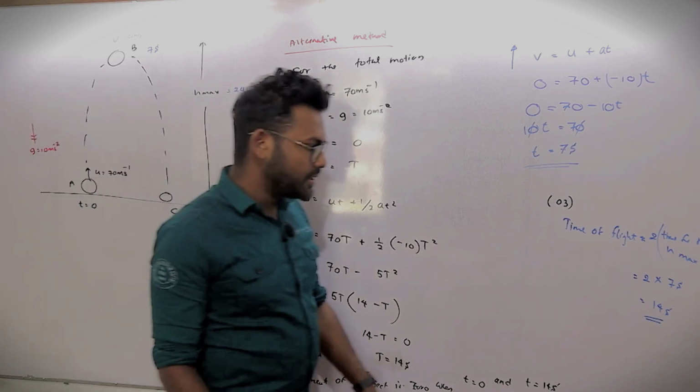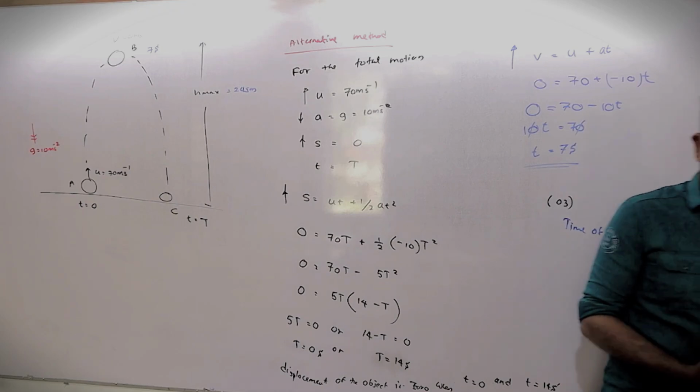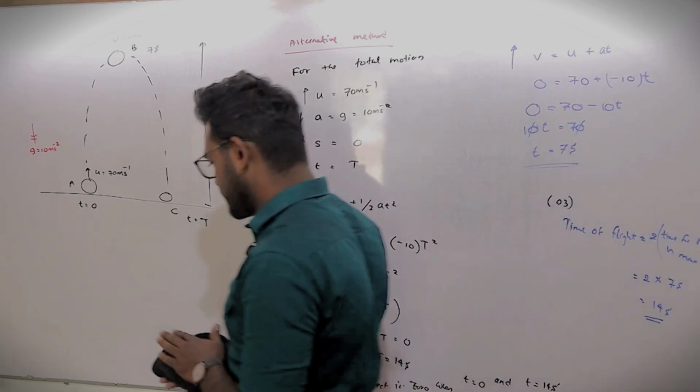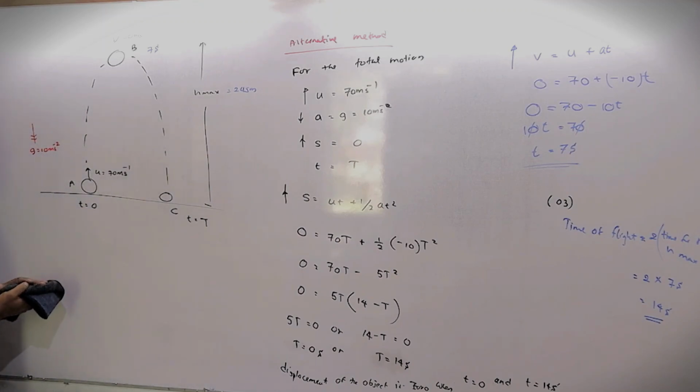Okay, let's move into the fourth part. Find the maximum. We should find out the distance, total distance. What's the difference between the distance and displacement? Yeah, one is a vector, the other one is a scalar. Distance is a scalar.